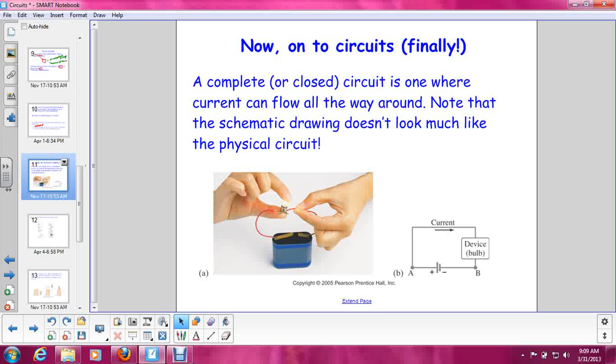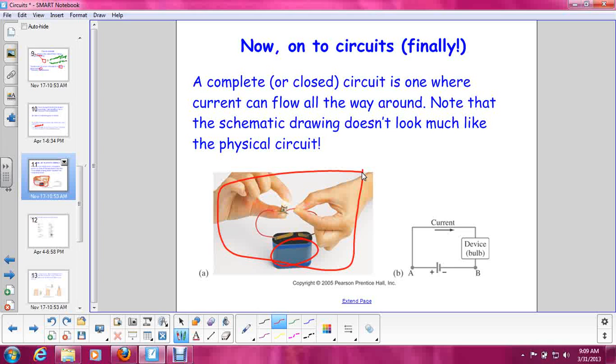So the actual picture of what this looks like is like this. We have our battery here, and the trick to drawing a closed circuit is to be able to start on one point and move all the way through the circuit without picking up your pen or pencil.